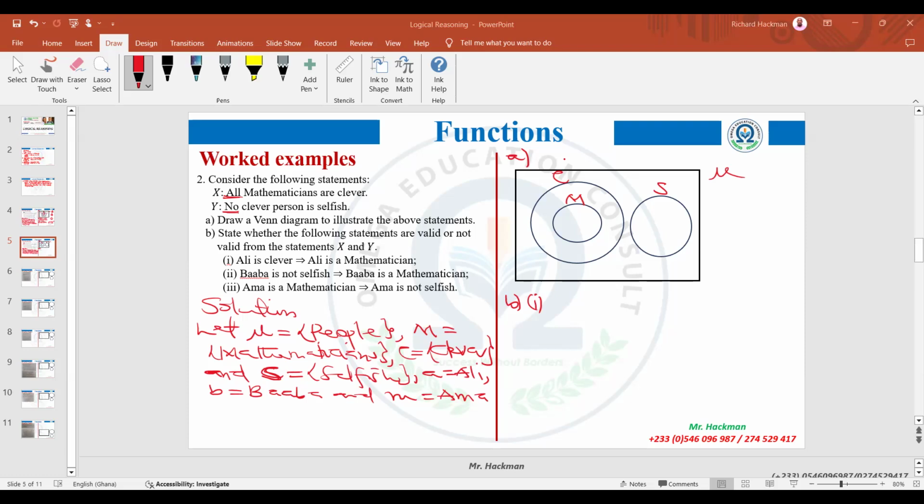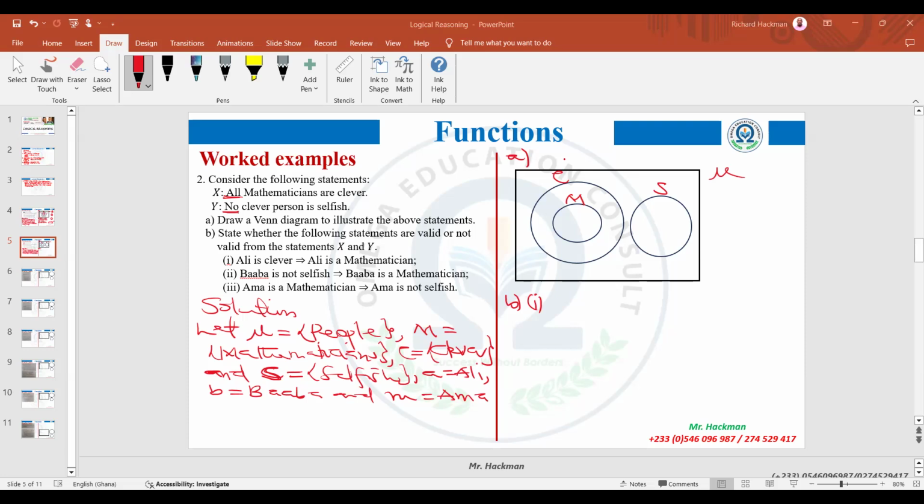Now the name is Ali. A is clever, so where should A be? At the C region, inside the circle for C. But because of the M, the circle for C is now in two regions. If M were not there, it would be only one region, but immediately you draw another circle, you have two regions.